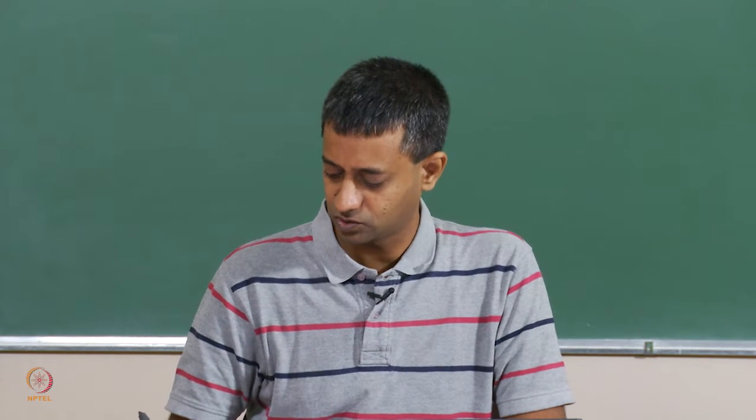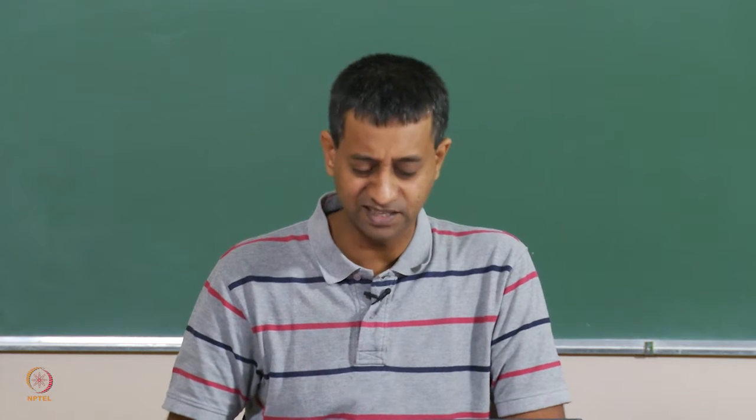So now let's take a differential equation and see what happens when you do a Fourier expansion. Let me take a very simple differential equation. Let us take y double prime plus y equal to f of x. I just took a very simple differential equation.